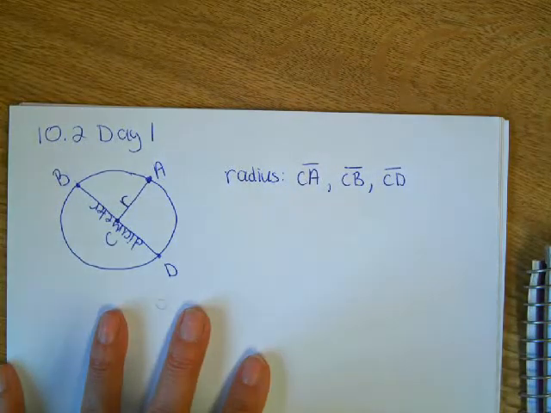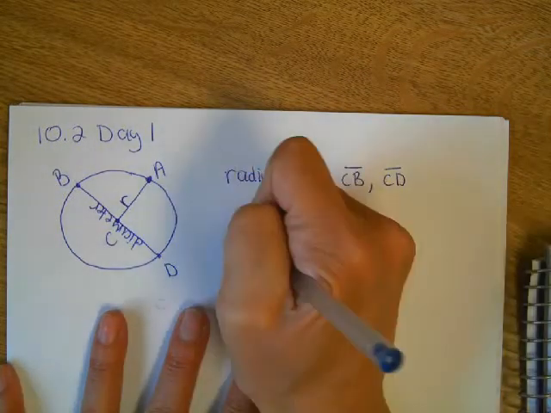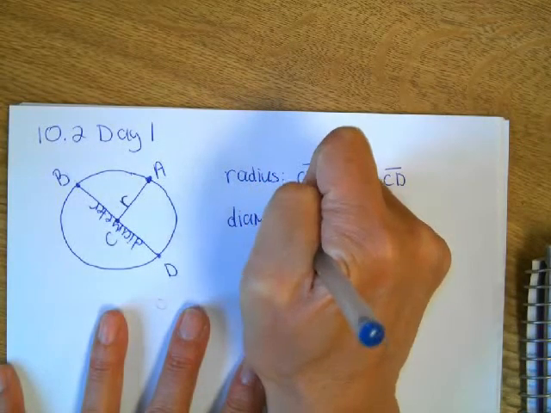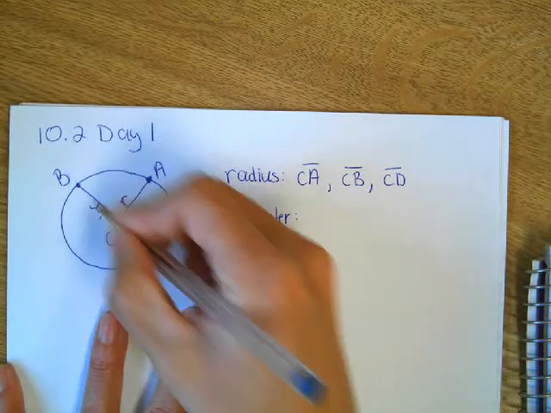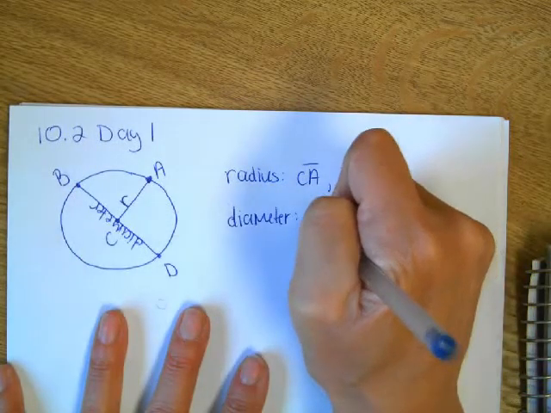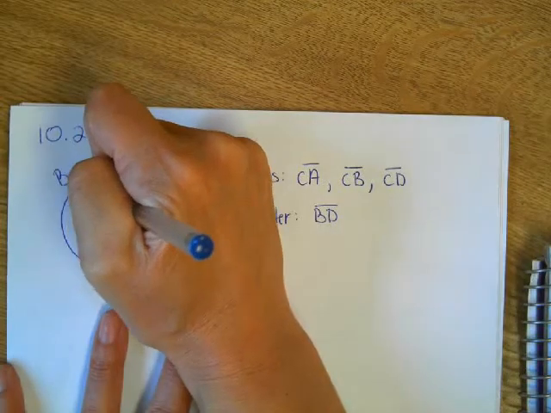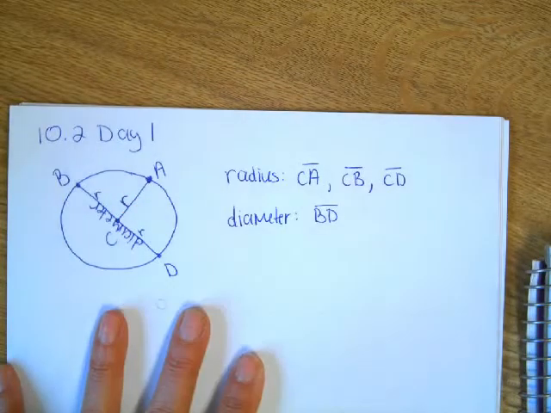Each of them is the same length, and they're each equal to the radius. The diameter, the only one I have drawn in here is segment BD. And a diameter is two radius lengths. There's a radius here and a radius here.